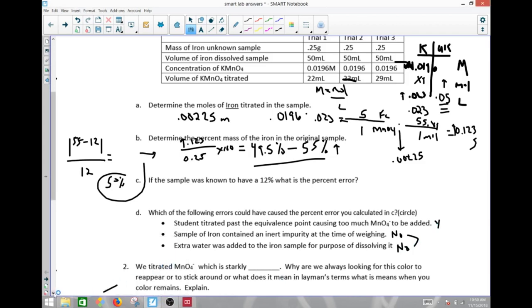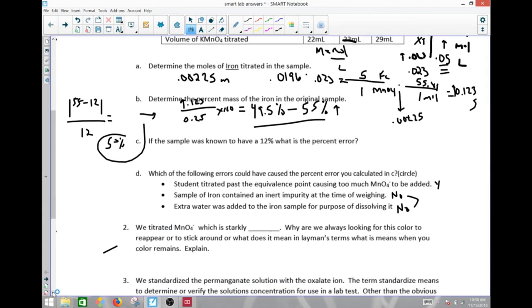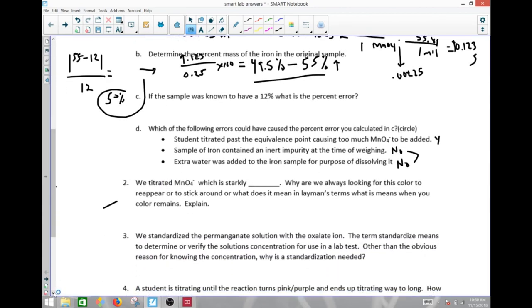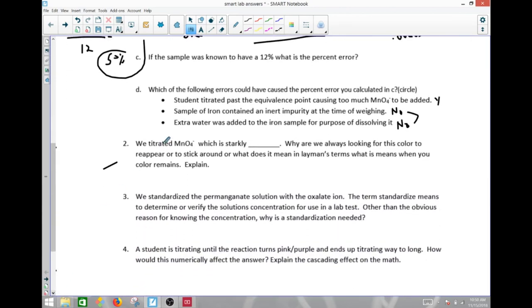These next ones should go a lot quicker. All right, we titrate MnO4, which is strictly purple. Might say pink. It's fine. Why are we looking for color to reappear or stick around?